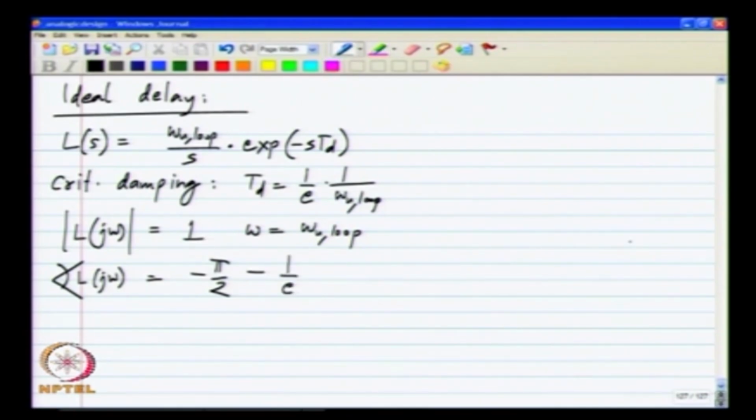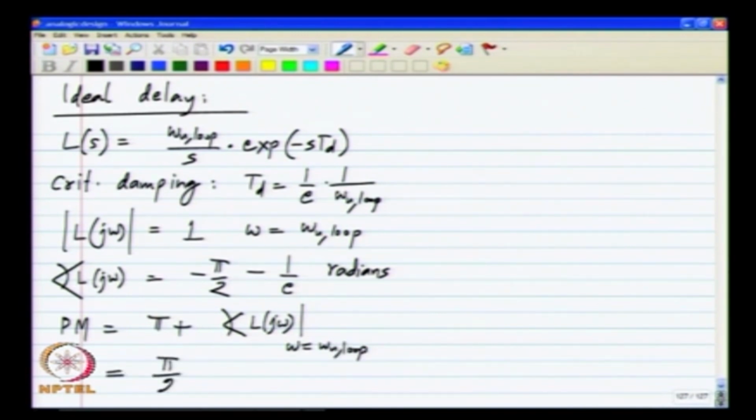Keep in mind that this is in radians. Okay. So, the phase margin, which is pi plus angle of L of j omega at omega being omega u loop, is pi by 2 minus 1 by e radians, which corresponds to 69 degrees.